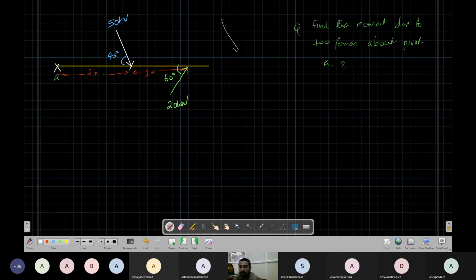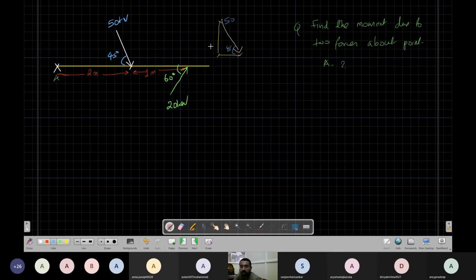So this is one force. There are two components to this force. This is 50, this is 45. What are the two forces?